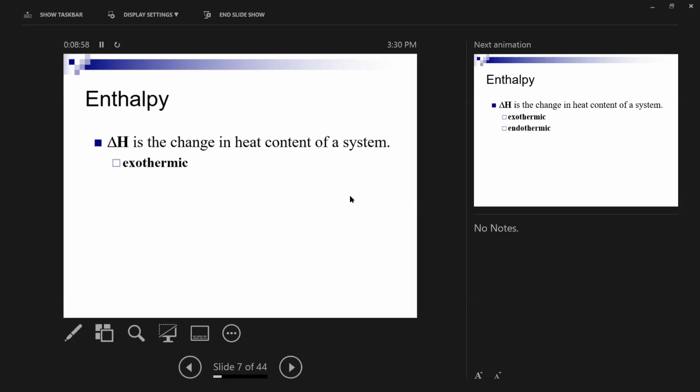Enthalpy refers to the change in heat content of a system. Does it cool down, heat up, and so forth. Now, biological systems, by and large, don't use heat for an energy source.